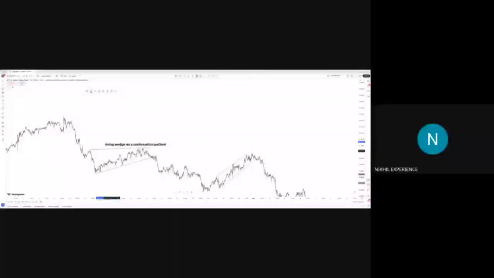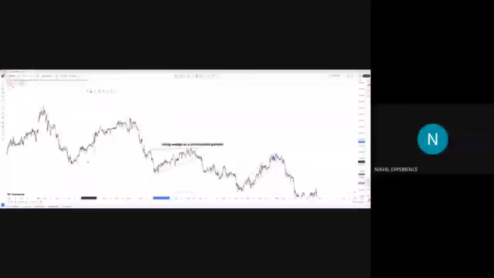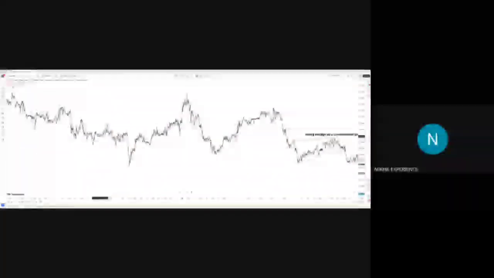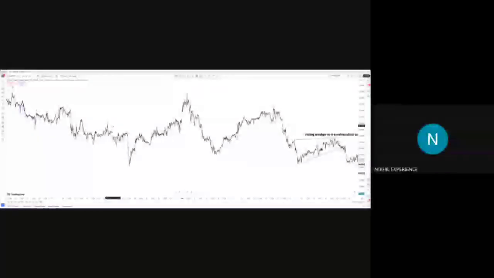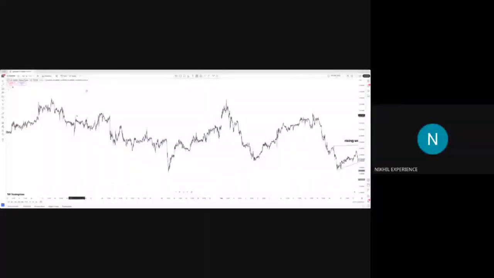You tell me it's a rising wedge as a continuation pattern, or you spot something else and you tell me, okay, this is a falling wedge, or this is a bearish rectangle, because this one right here is a bearish rectangle. We're looking at this. This is a bearish rectangle.